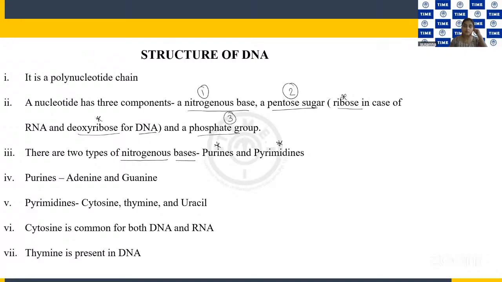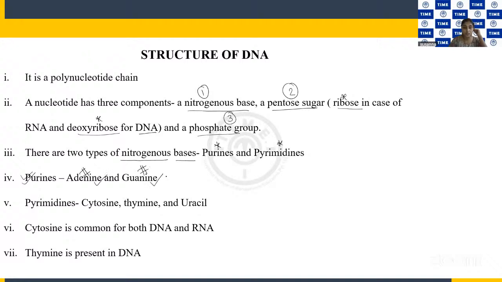We'll be studying the structure of purines and pyrimidines shortly. When you consider purines in our genetic material or nucleic acids, the purine nitrogenous bases are two: adenine and guanine.